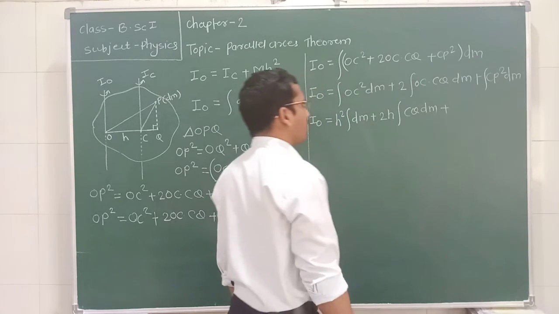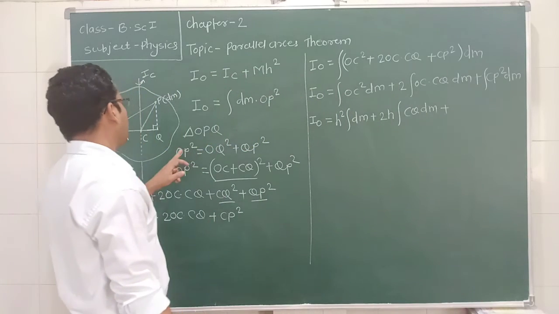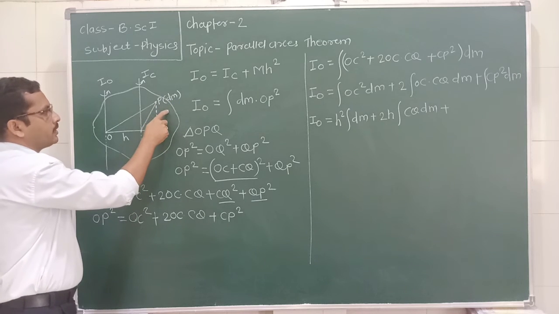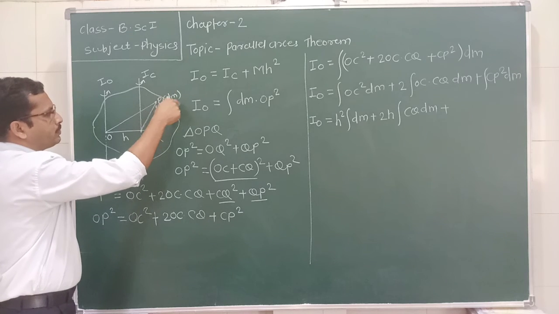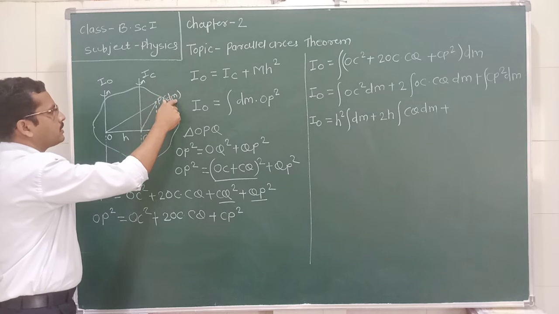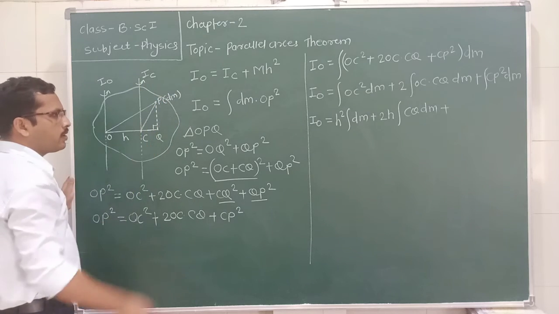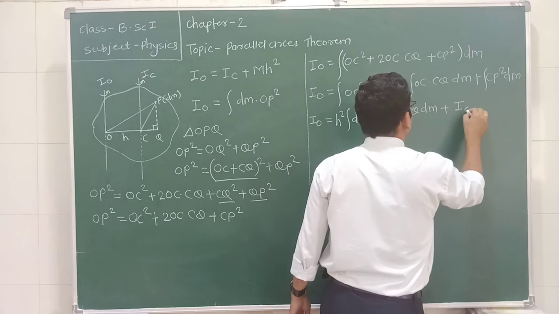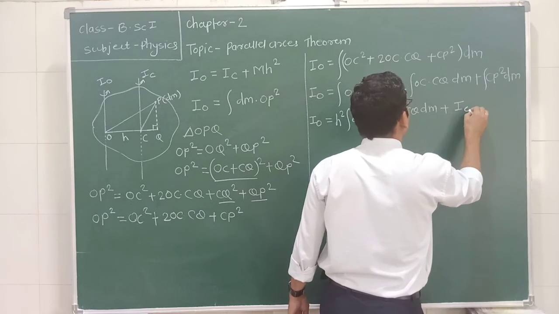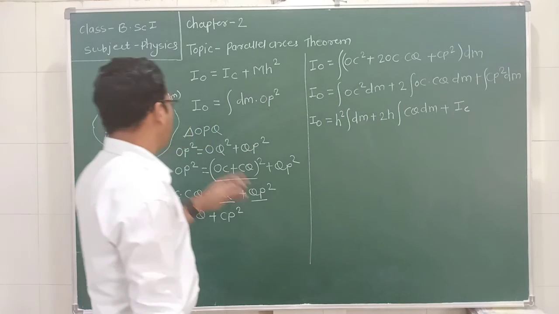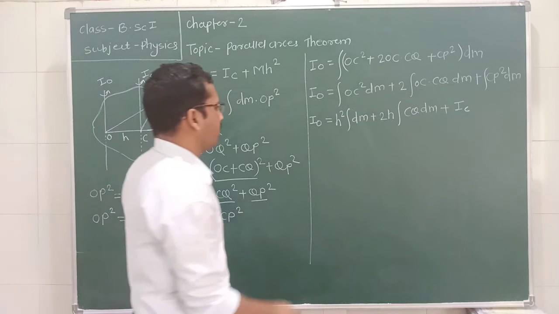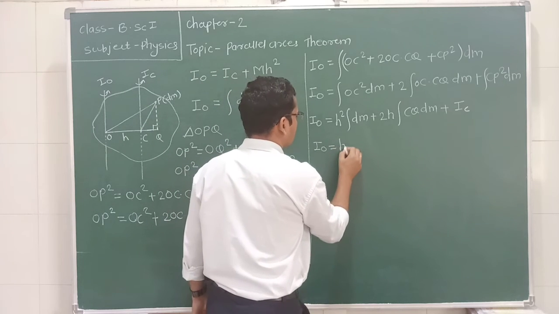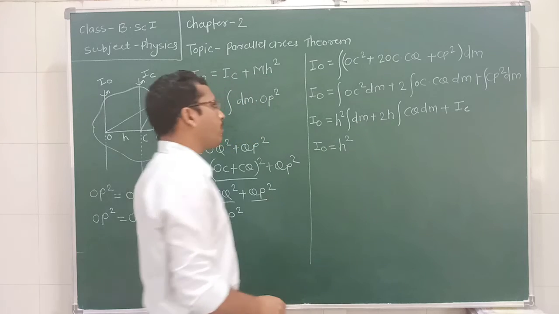This CP square dm is nothing but the moment of inertia of this particle having mass dm about the center of mass. So we can write here it is equal to Ic, the moment of inertia of the same mass about the center of mass.